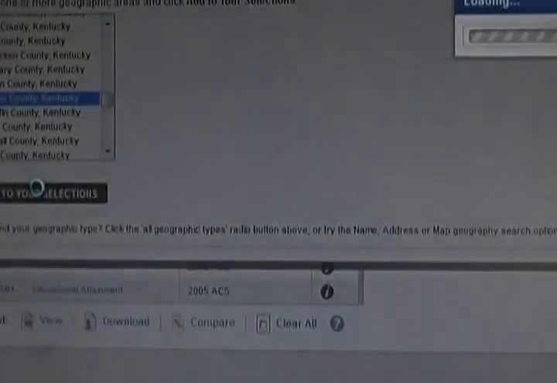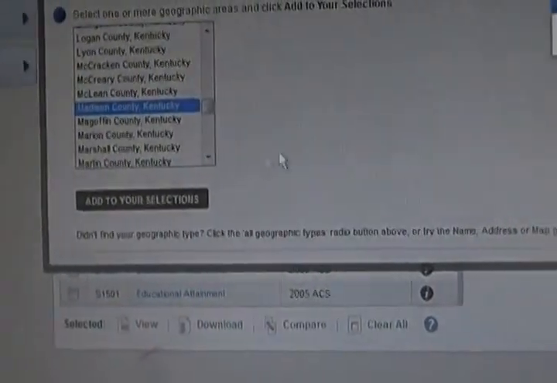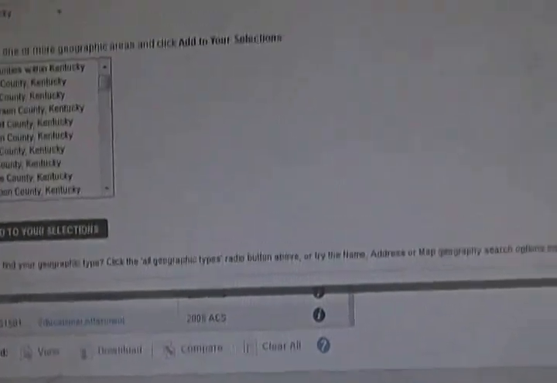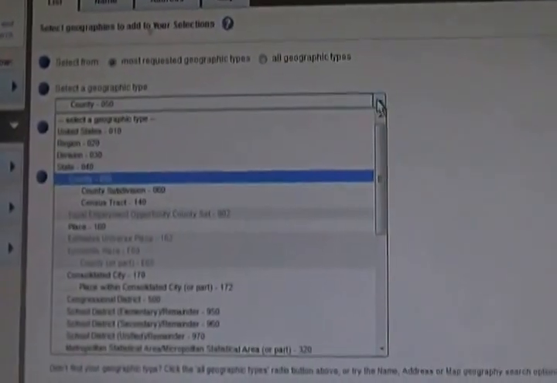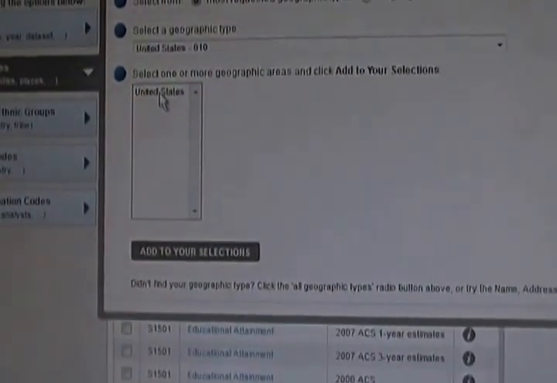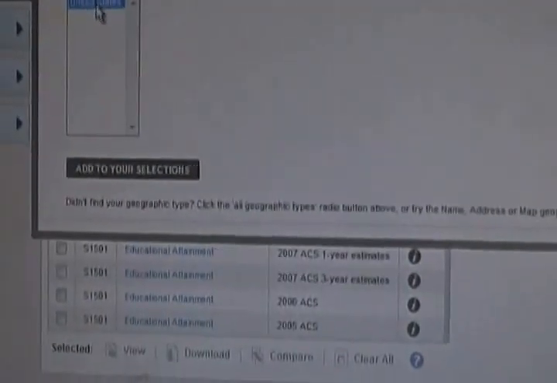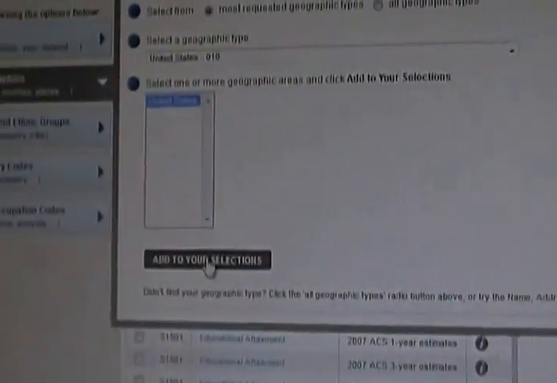I want to add that to my selection. Okay, that's there. Then I want to go up and select from another geographic type the whole country. So I go United States. And even though United States is just the one selection, you still have to select it. So I go in there and add that to my selections.